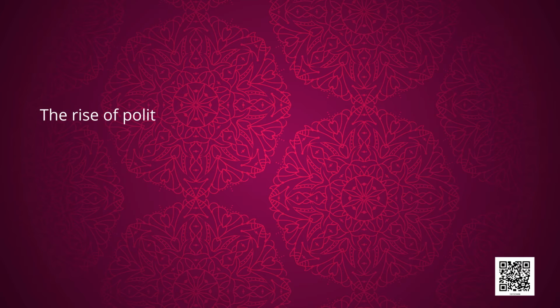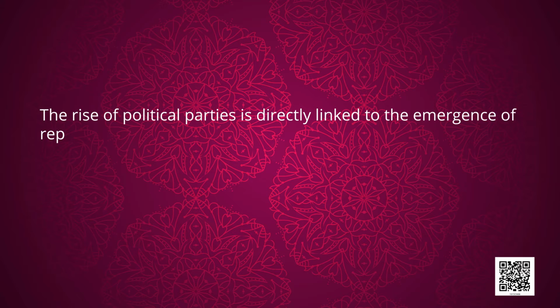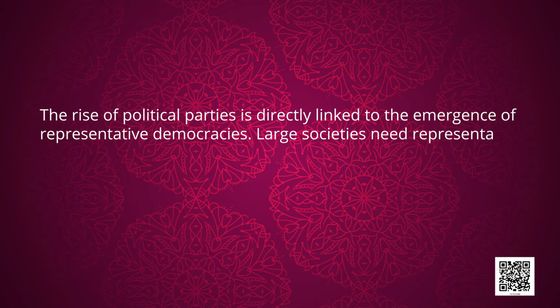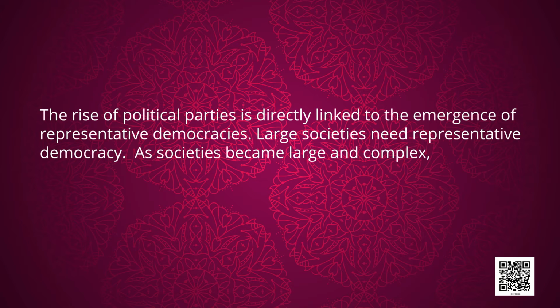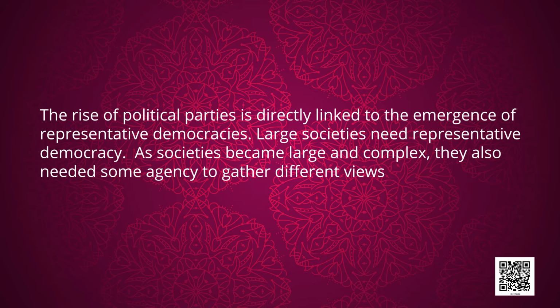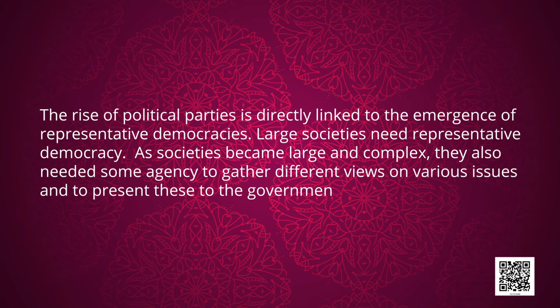The rise of political parties is directly linked to the emergence of representative democracies. As we have seen, large societies need representative democracy. As societies became large and complex, they also needed some agency to gather different views on various issues and to present these to the government.